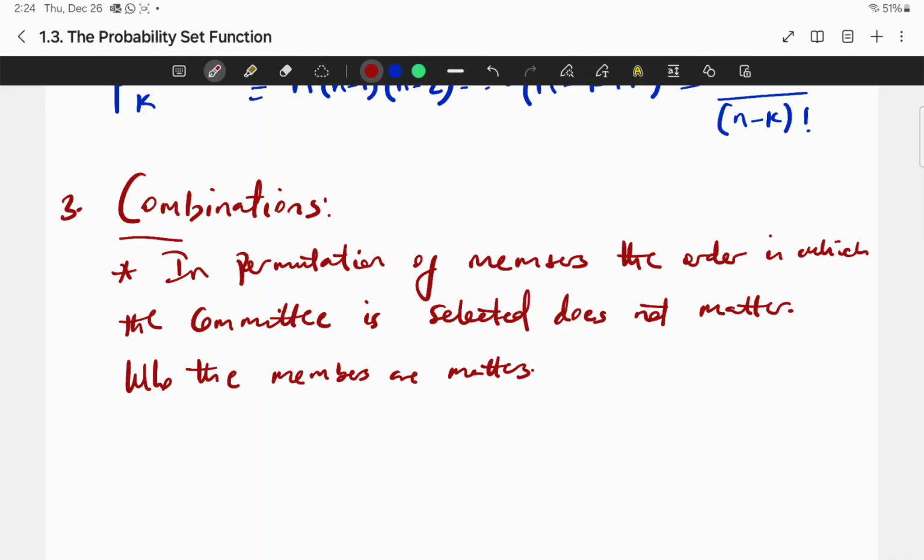We have 3 titles, but we don't care if the first person is the president, the vice president, or the treasurer. So we don't care about the order in which the committee is selected. What we just care about is who the members are, and then we care about the committee and not necessarily the title. Okay.